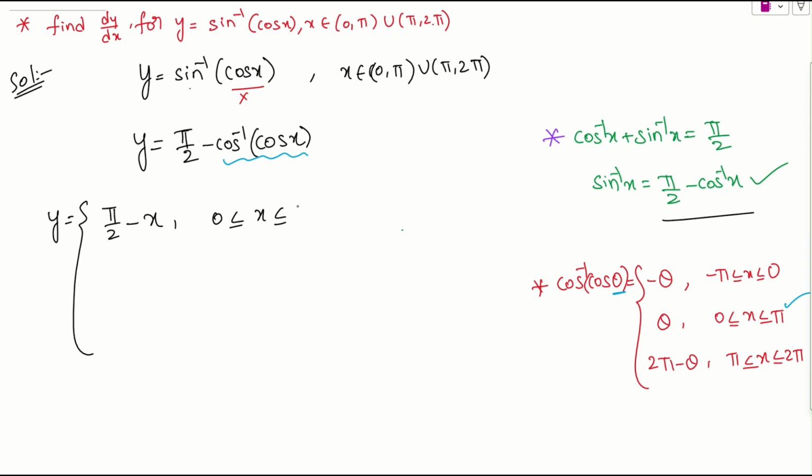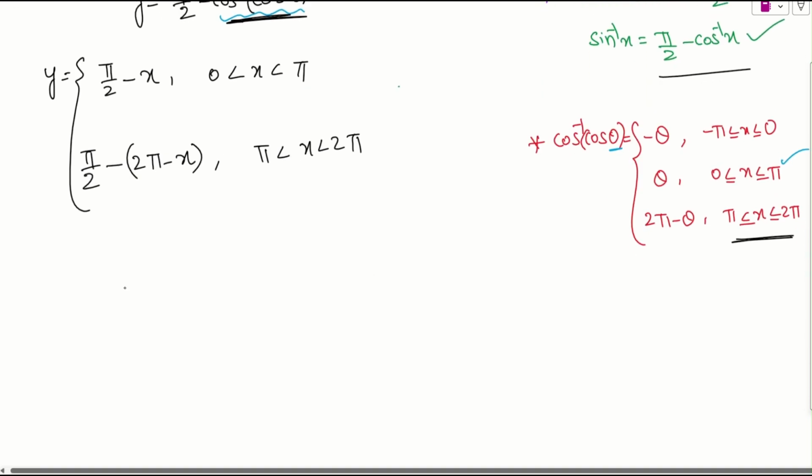For 0 to pi, both are not included, so we can remove the less than or equal to case. And what happens to cos inverse of cos x in the interval pi to 2 pi? This will be 2 pi minus x, when x lies between pi to 2 pi. Is it okay? So I think further we can solve this easily.